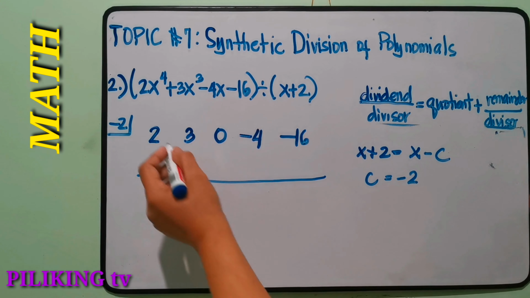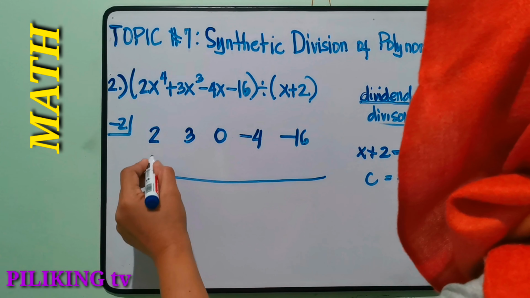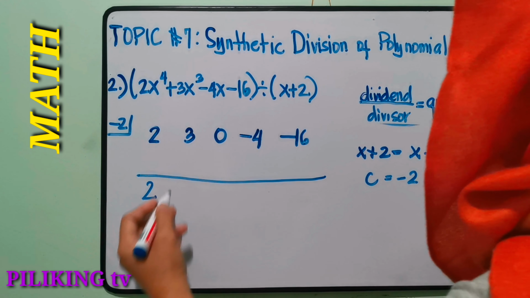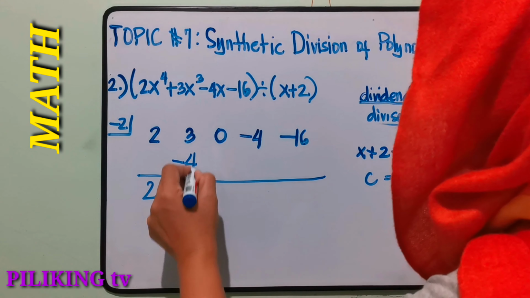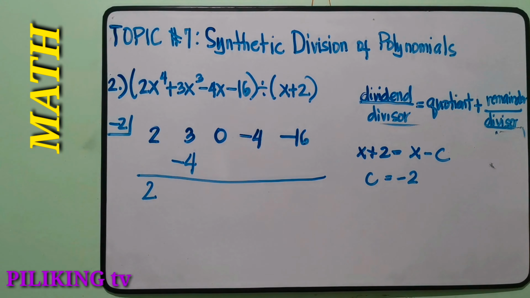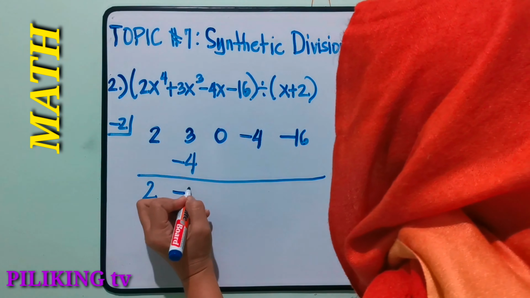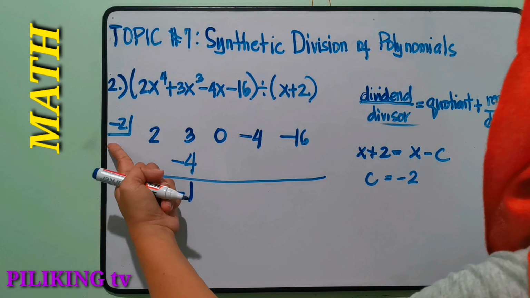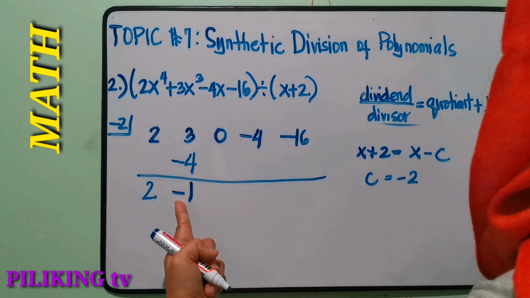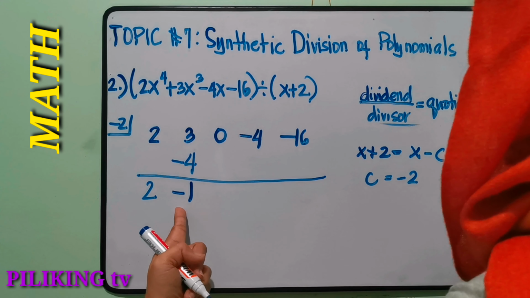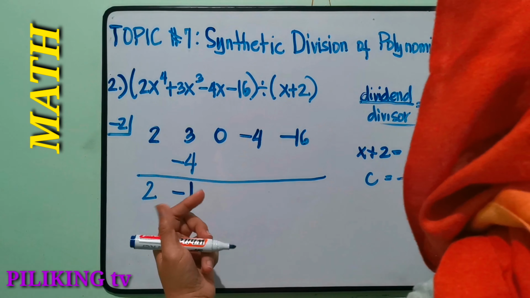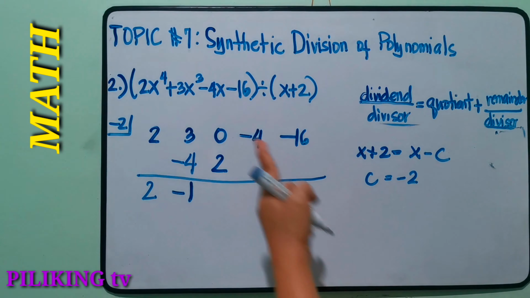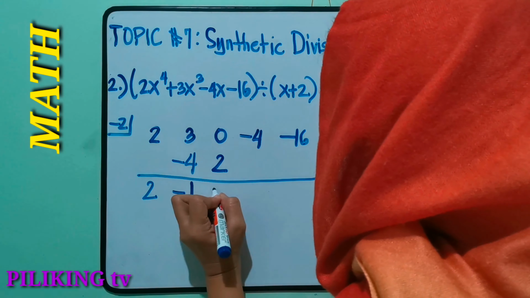Bring down the first number, which is 2. Then you multiply to negative 2. 2 times negative 2 is negative 4. Then 3 plus negative 4 is negative 1. Then you multiply again to the test 0, which is negative 2. Since you are multiplying the same sign, it will be positive. So negative 2 times negative 1 is positive 2. Then we have 0 plus 2, that is positive 2.